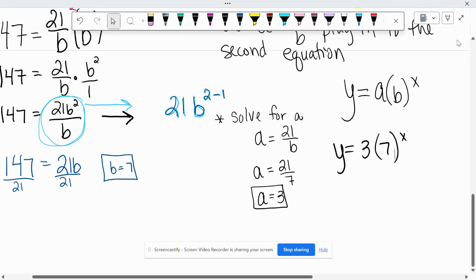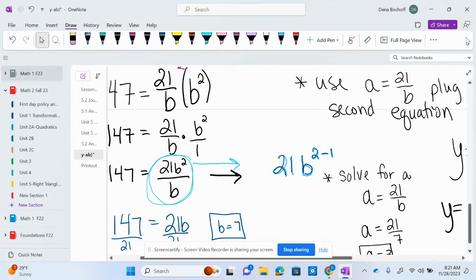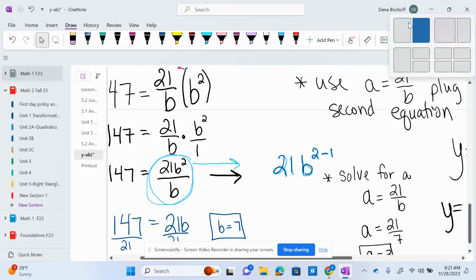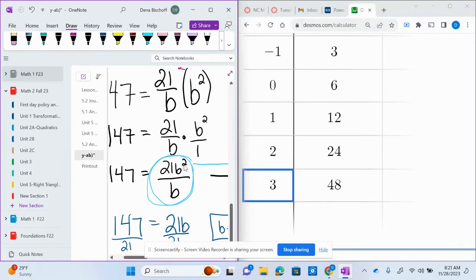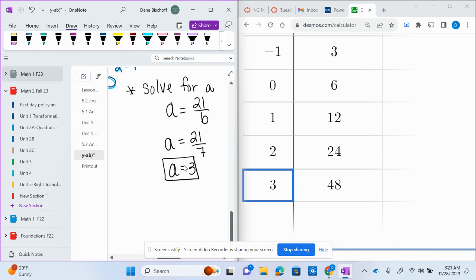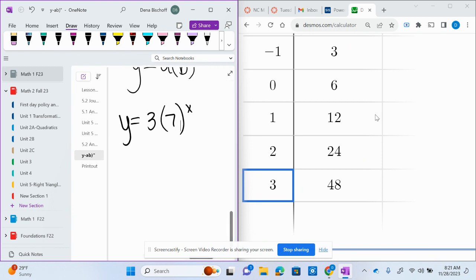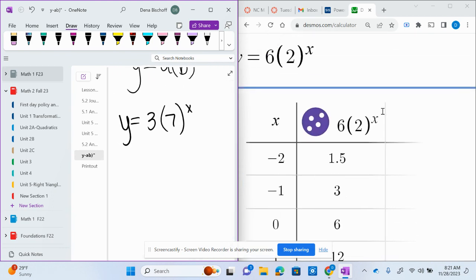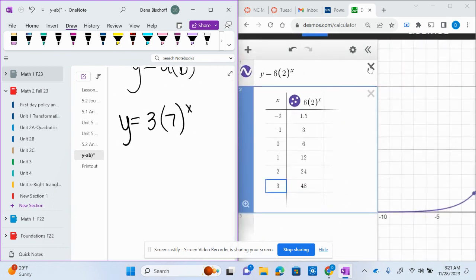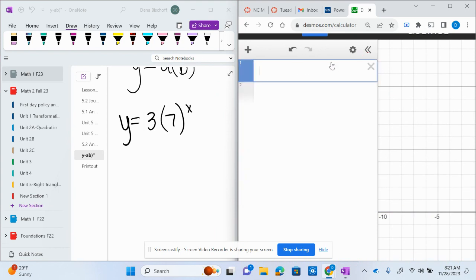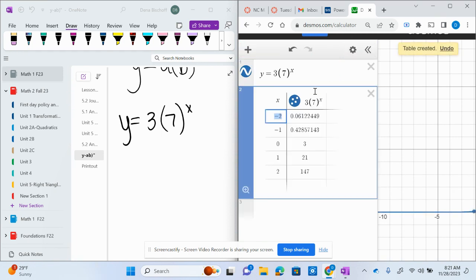Do you want to check it? I think that's a good tool to use, right? Checking in Desmos. So we came up with the equation y equals 3 times 7 to the power of x. So let's just put that in there. And remember, I'm going to click this gear and tell it I want the table of values.